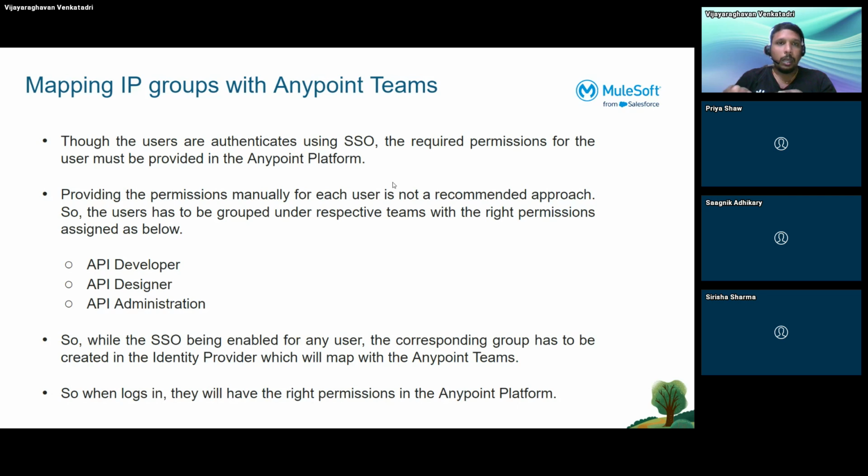And the org admin should not just go and add the user directly to the team. When SSO is enabled, the group should be mapped. Which means that as part of this authentication and authorization process, this information also should be passed, so that by default this access will be auto enabled for the users.